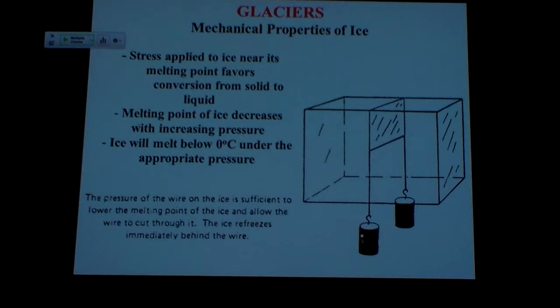It's out from under the string. So it refreezes. And that process continues little by little by little. And given enough time, this string is going to drop out of the bottom of the ice block. Pressure melted. So this is pretty cool in the way glaciers can operate now.